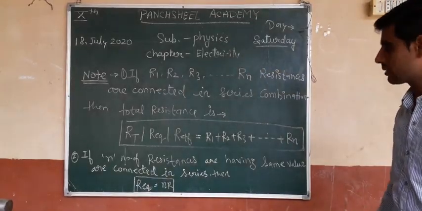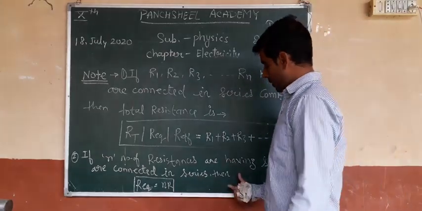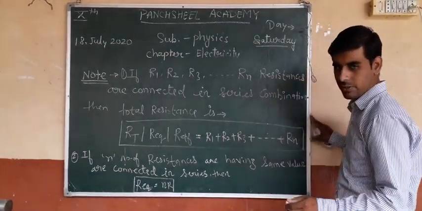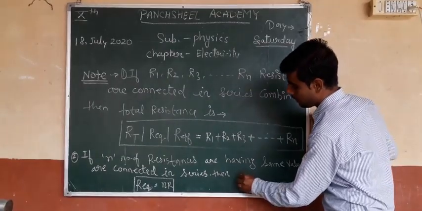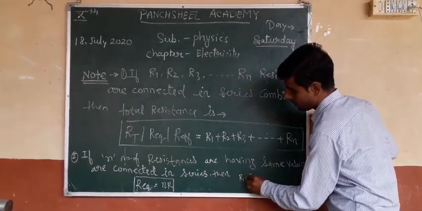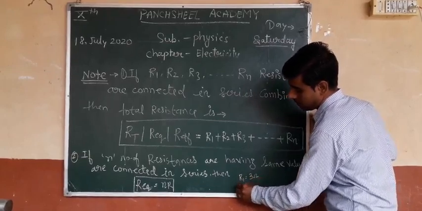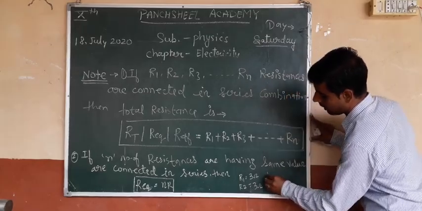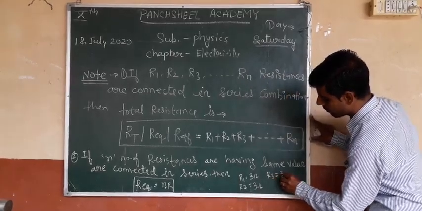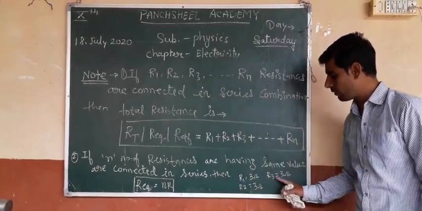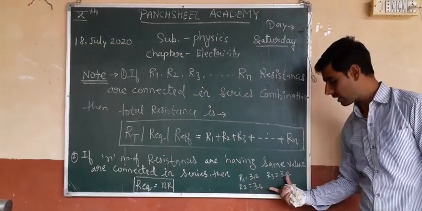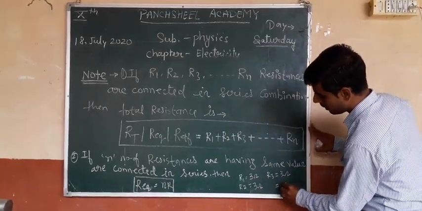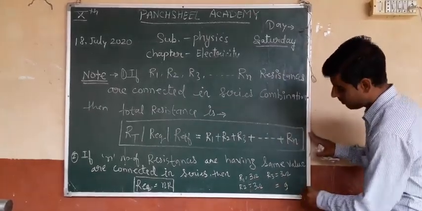How n into R? Suppose there are three resistances and all three have the same value. Suppose R1 equals 3 ohm, R2 equals 3 ohm and R3 equals also 3 ohm. And what is the value of these three resistances when connected in series? 3 plus 3 plus 3 equals 9 ohm.